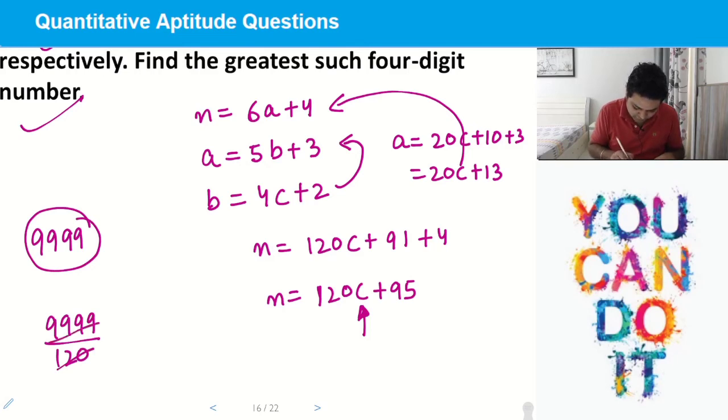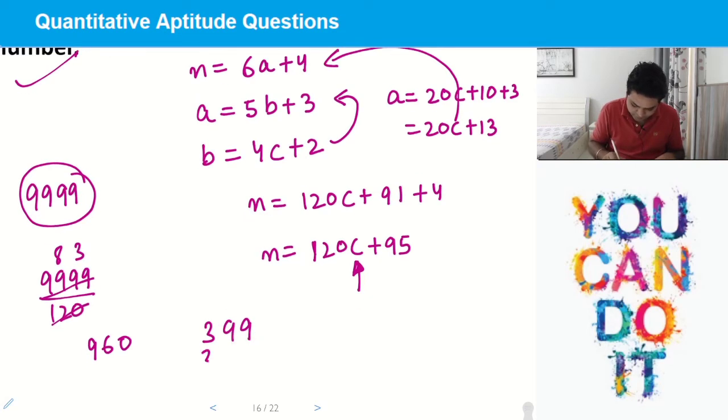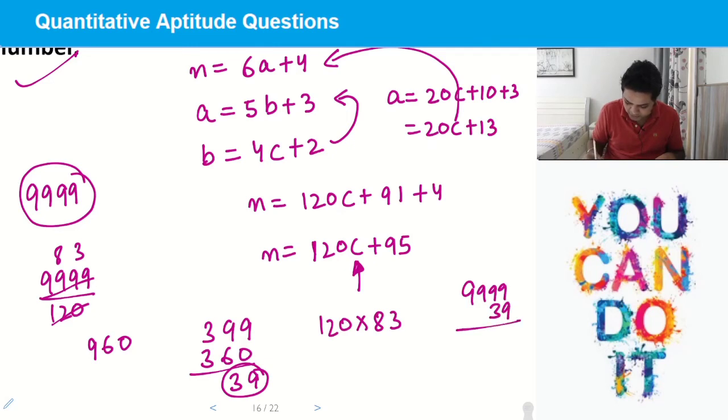So you have 8, 399, that is 3, that is 39. So we have 120 into 83, which will be equal to 9999 minus 39, that is 9960.